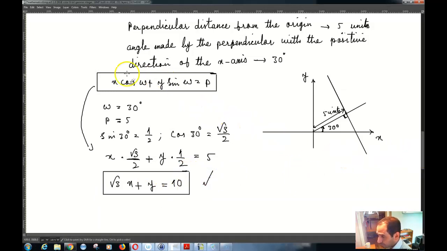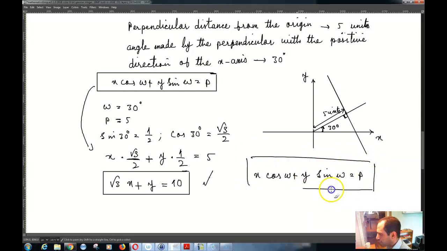So once again, the formula is x times cos omega plus y times sine omega is equal to p. That's the formula that you need in such situations.